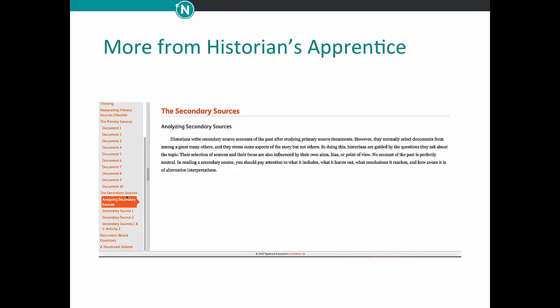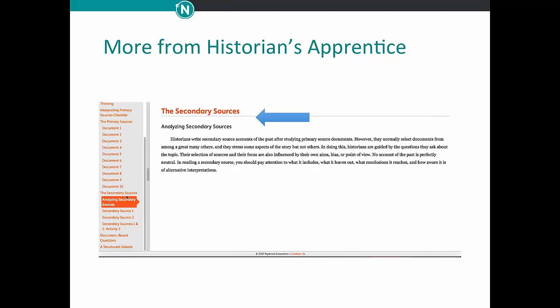I did not live during the Great Depression, so I can't tell you specifically what it was like to listen to FDR on the radio because I wasn't alive in 1933. However, I could be a secondary source. I could tell my students, this is what FDR said, this is what FDR meant. So the Historian's Apprentice series relies on secondary sources as well as primary sources.